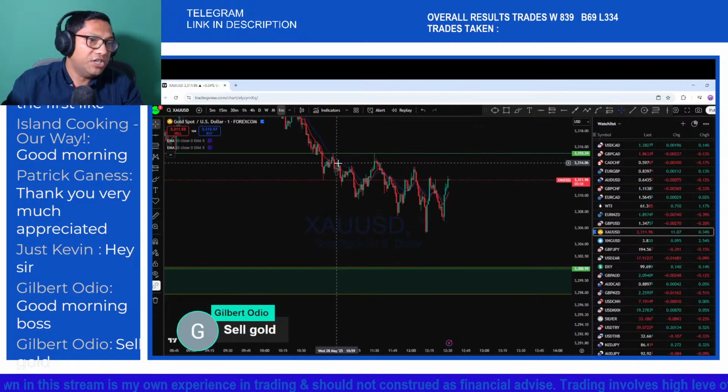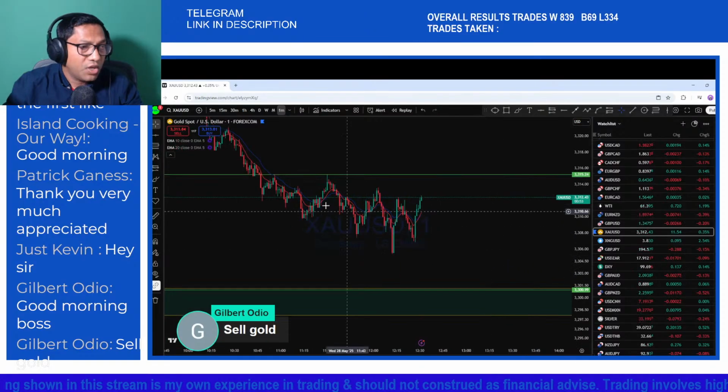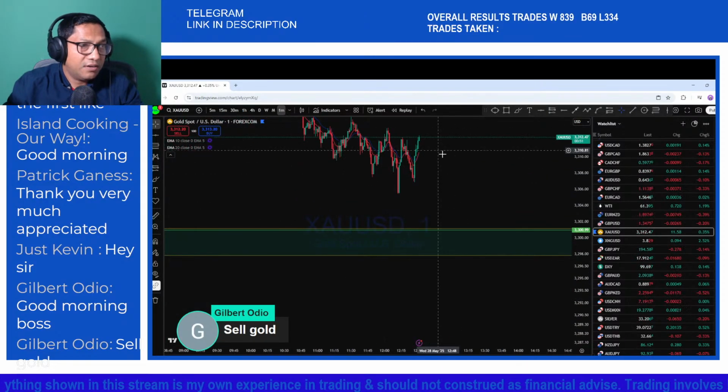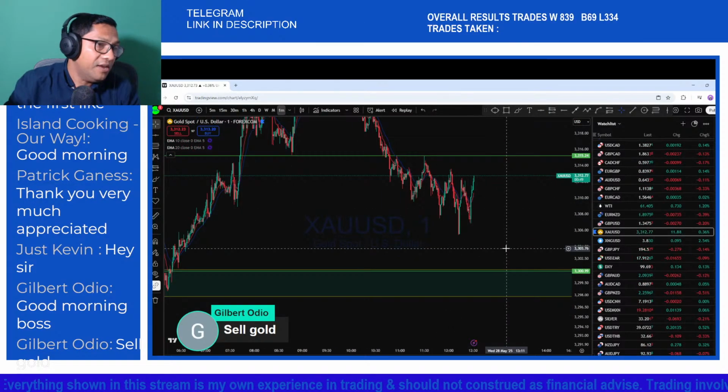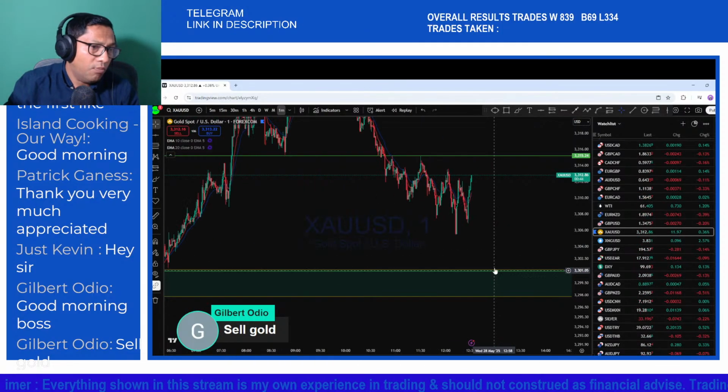Now this range here, we can see on the 1 minute a downtrend and then a range, so that could potentially break below to retest the daily low.